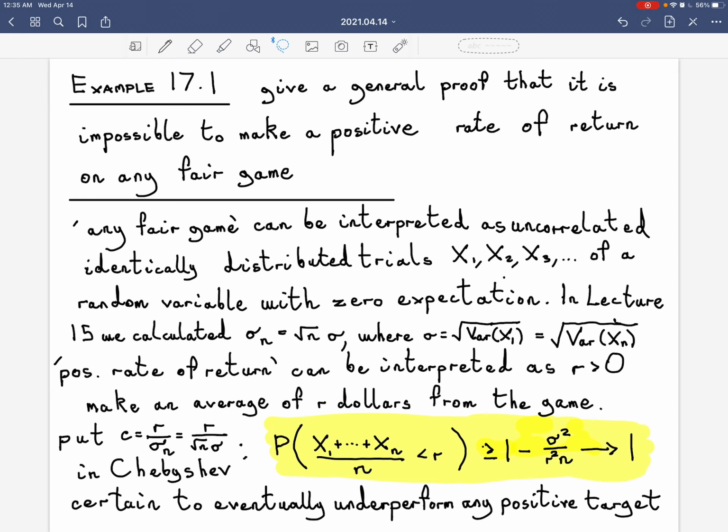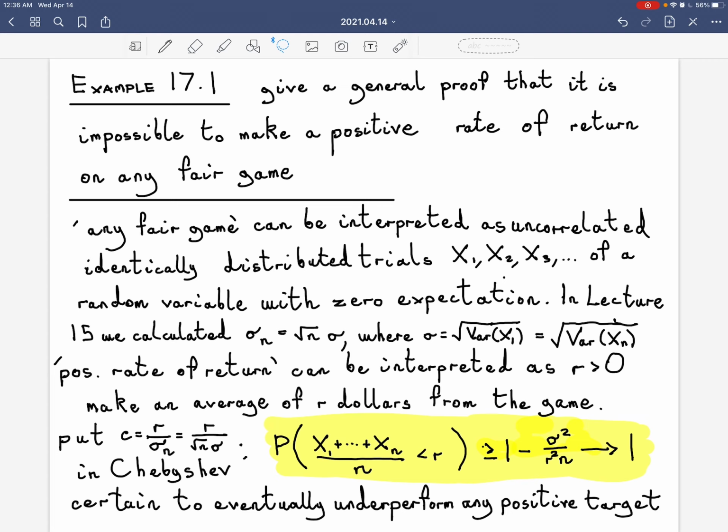And the standard deviation of a fair game after n trials is the square root of n times the standard deviation after one trial. And so we can interpret the phrase positive rate of return as making an average of R dollars from the game. And usually this is the way people use the phrase rate of return because they're asking for a consistent profit over time.